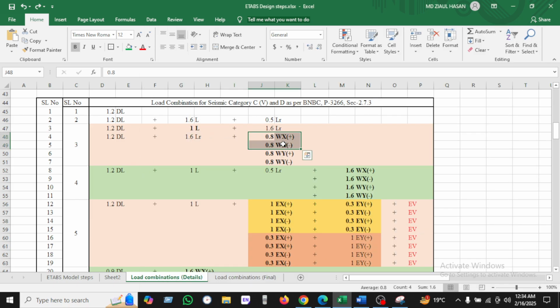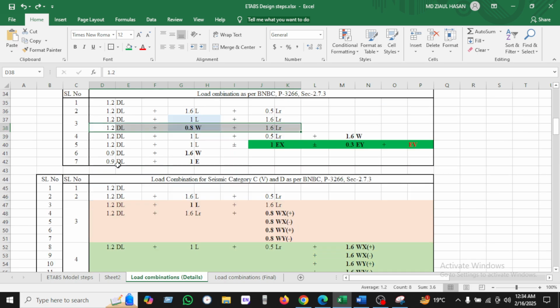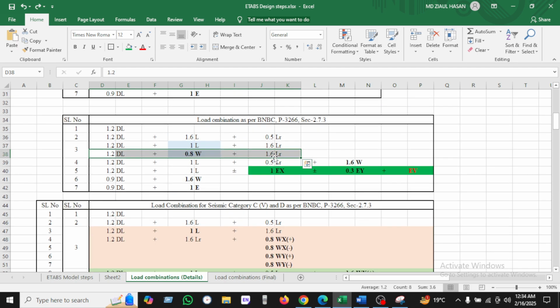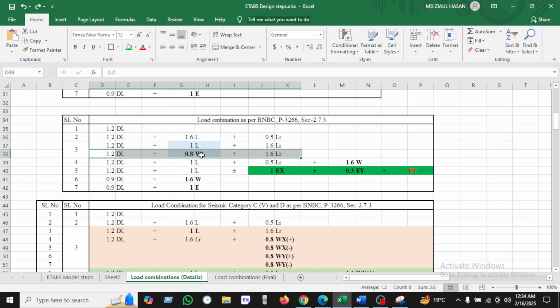That's why I'm dividing here the positive x and negative x, and also positive y and negative y. These are the combinations we have been dividing: 1.2 dead, 1.6 roof load, and 0.8 wind load.